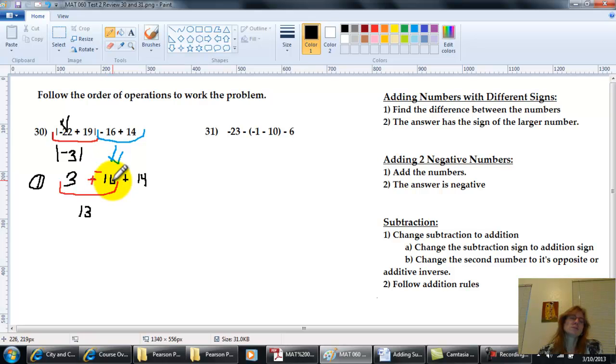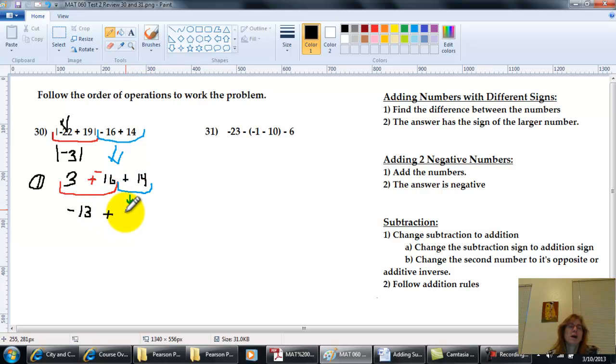So the absolute value of negative 16 is 16, so this is the larger. So that has a negative sign on it, so our answer is negative. We found the difference between the numbers and used the sign of the larger number. Alright, so we still have this left over, so we bring that down.